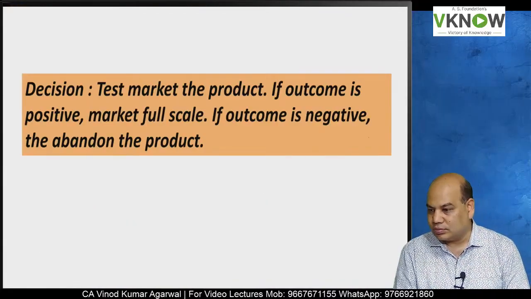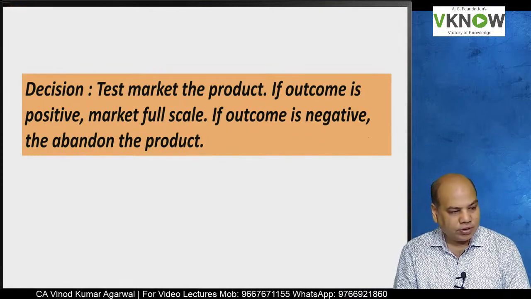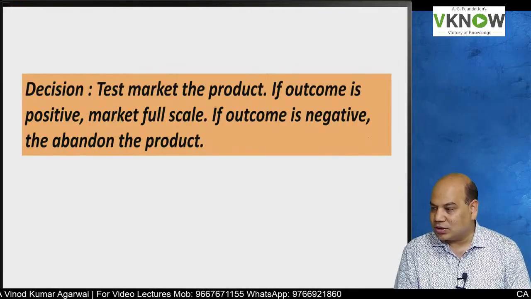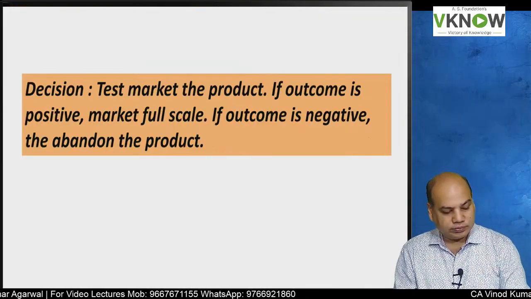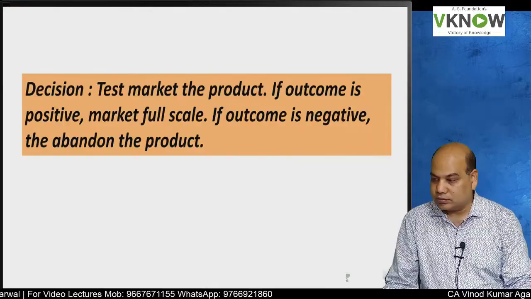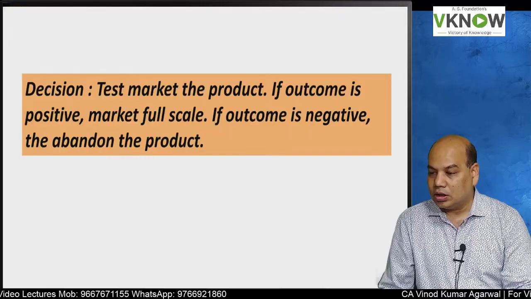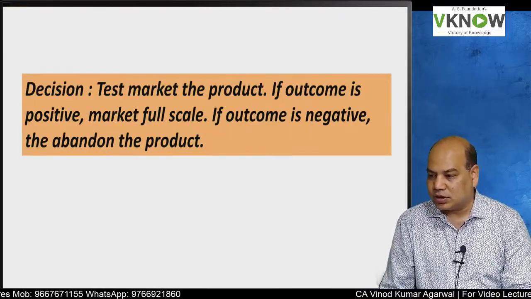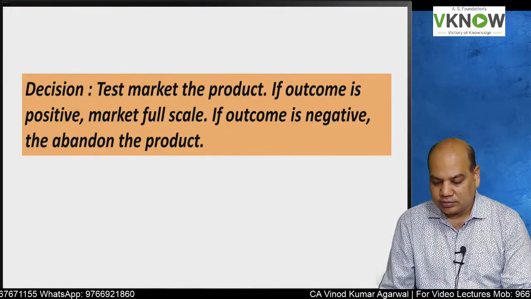So let us write the conclusion. You have to end the decision tree with a decision, with an answer, with a conclusion. So please write down: test market the product. If the outcome is positive, market full scale.